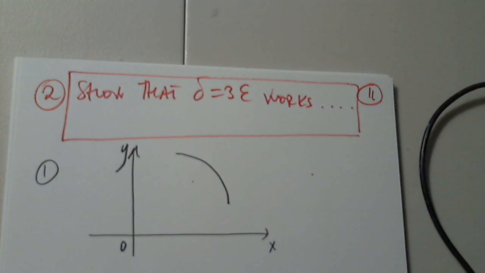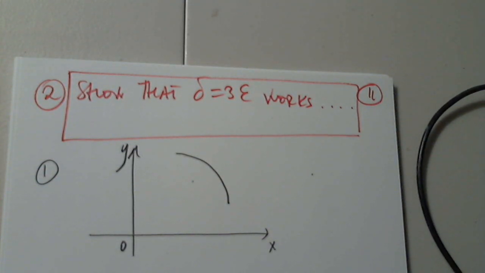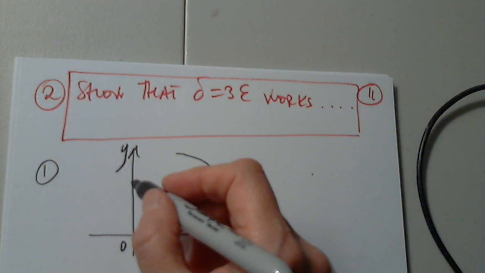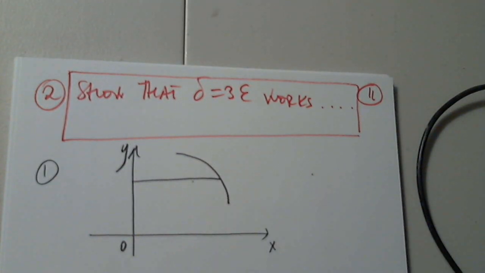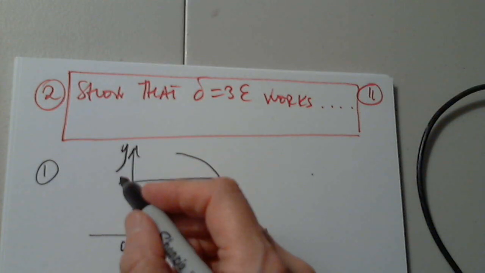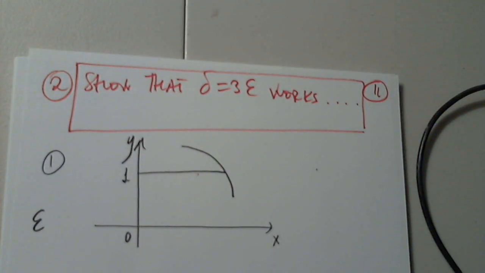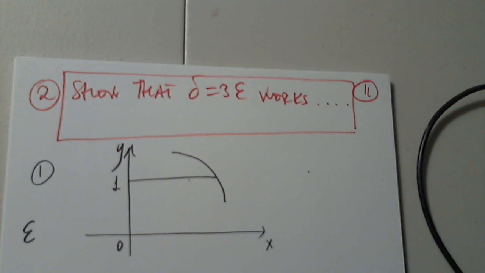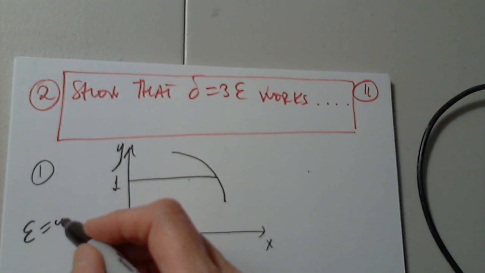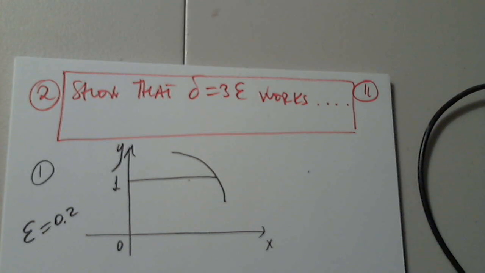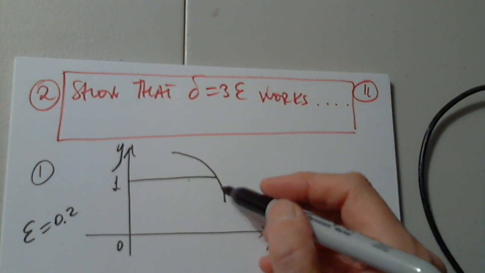So, obviously here the limit is 1. Can anyone identify epsilon in this graph? Looking at the graph, what would you say epsilon would be? 0.2. Exactly. Because 1 plus 0.2 is 1.2 and 1 minus 0.2 is 0.8. Good.